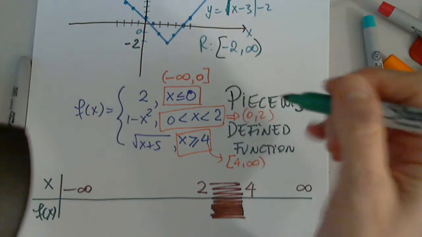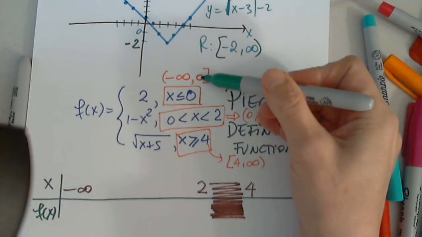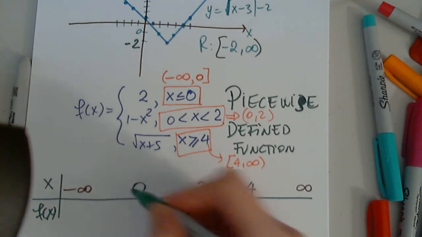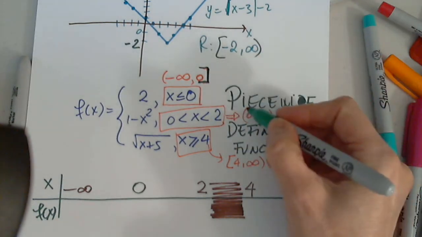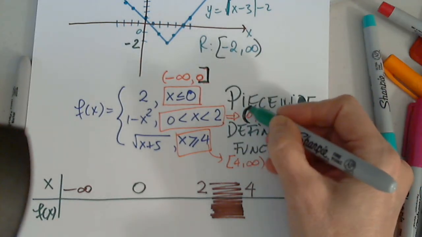Okay, coming back. 0 must be in the table. And if you notice, there is a bracket to the left of 0, and there is a parenthesis facing right.